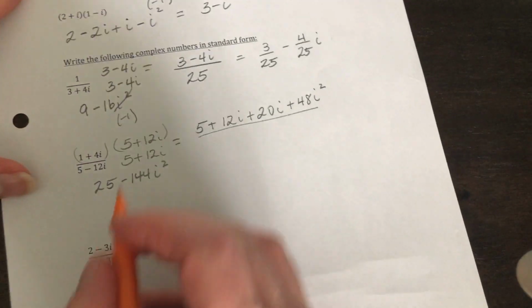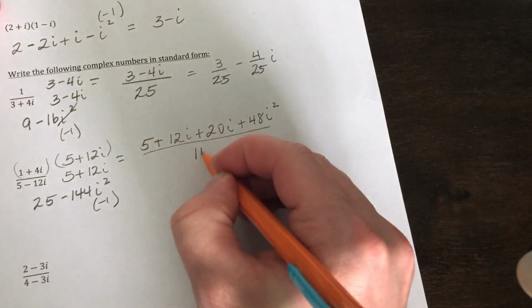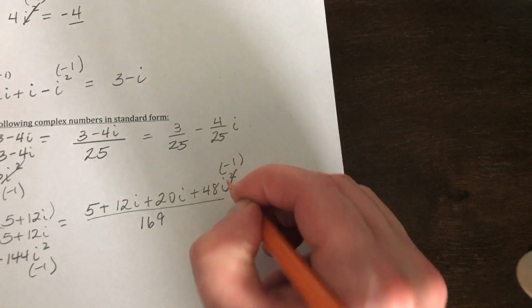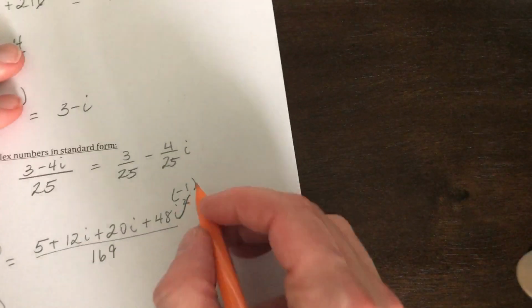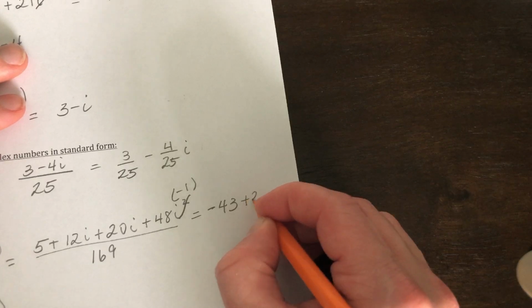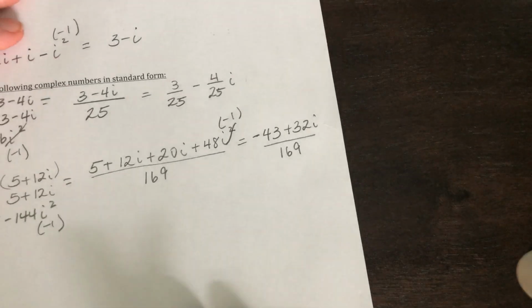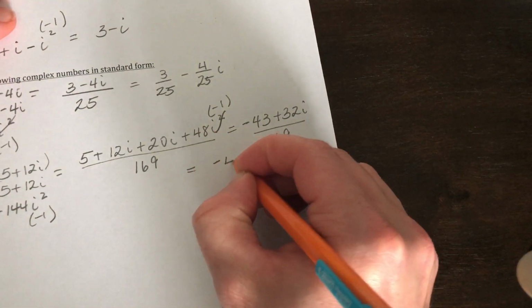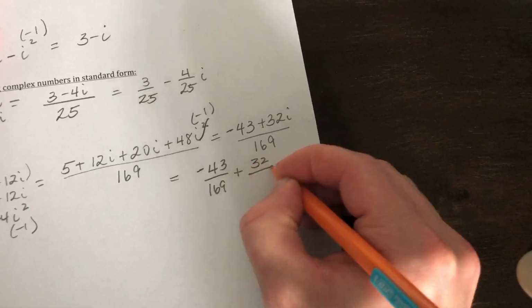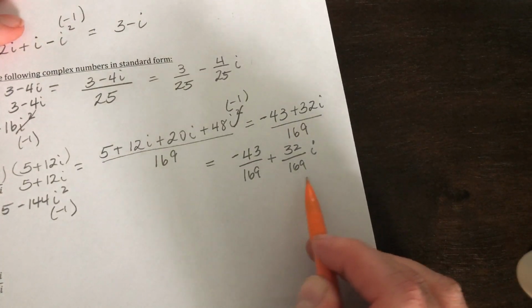Now we know that i squared is equal to a negative 1, so that comes out to be 169 on the bottom. We can also take this i squared on top and make that a negative 1. So 5 minus 48 is a negative 43 plus 32i, all over 169. If we want to split it up, negative 43 over 169 plus 32 over 169i. This is your real part and this is your imaginary part.